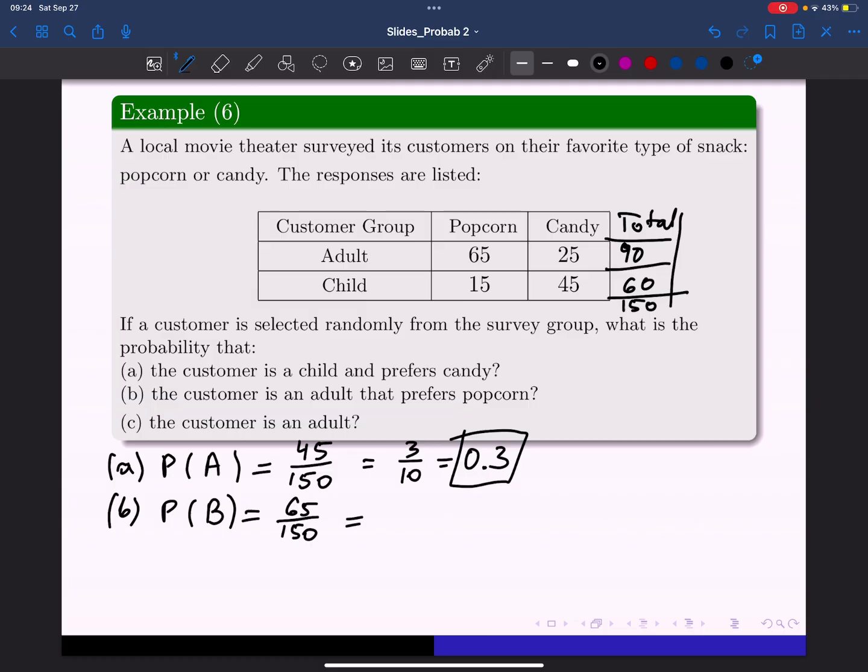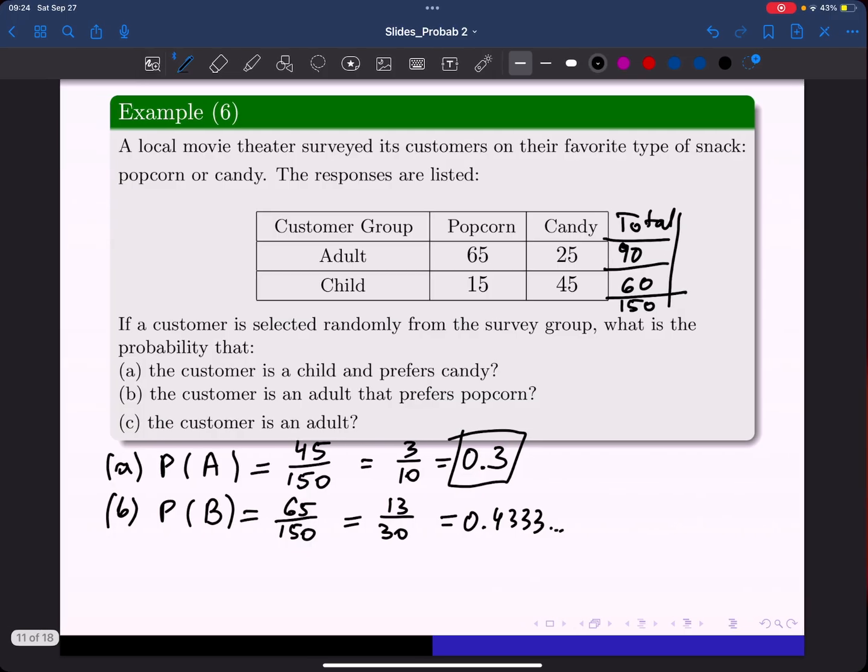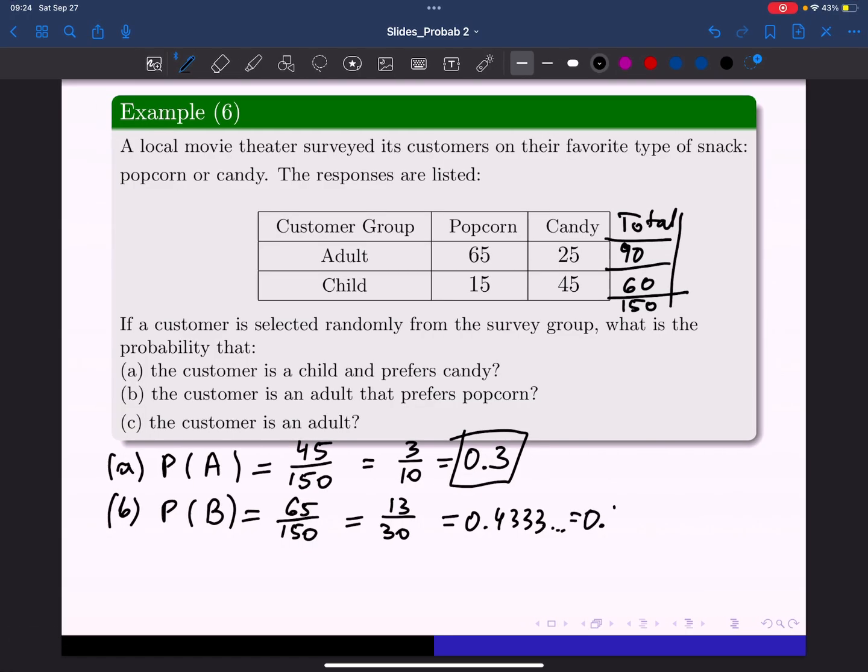If we divide this by 5, we would have 13 divided by 30. If we use the calculator, it's going to be 0.4333 and so on. So we can write it as 0.43.